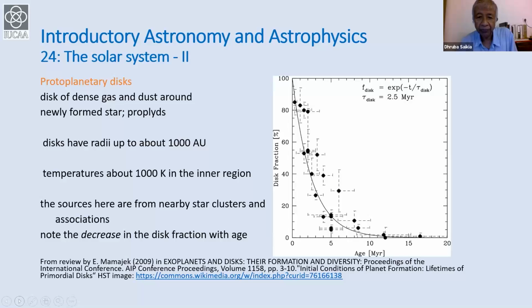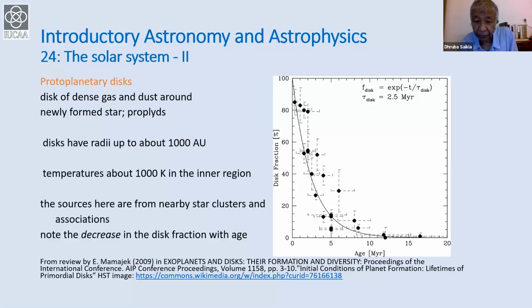But we also know from observations that the disks don't last very long. So the planets would have formed very early on in the formation of a planetary system. So a disk of dense gas and dust around newly formed stars is called a protoplanetary disk or proplyd. I've shown you images of a lot of these proplyds, which have been imaged at different wavelengths, whether it be infrared, millimeter wave, or optical wavelengths.